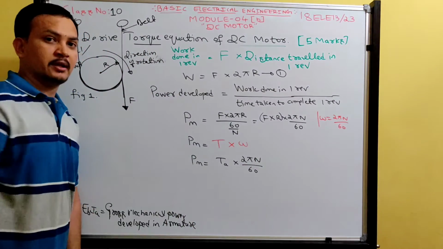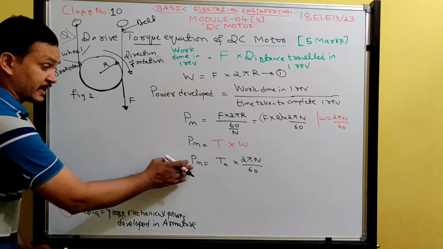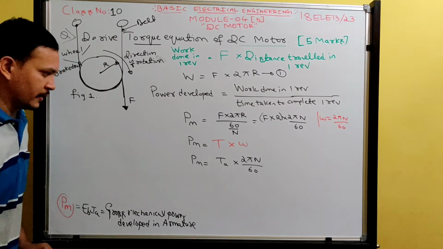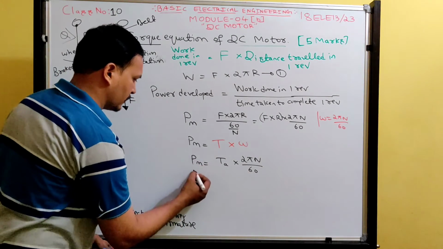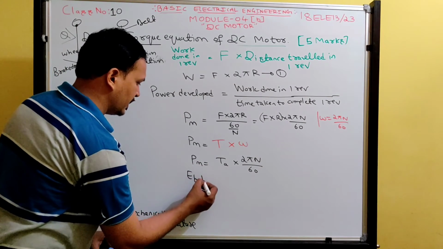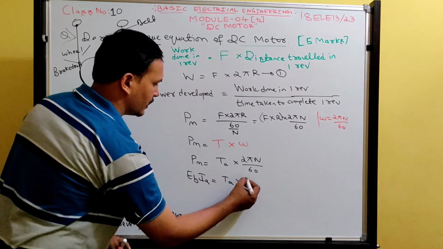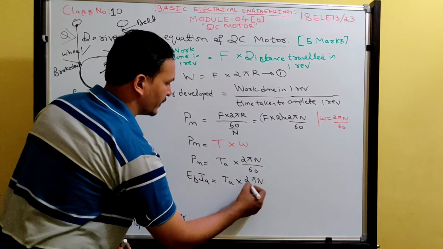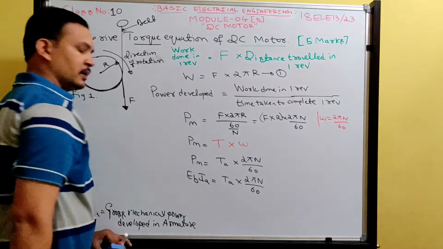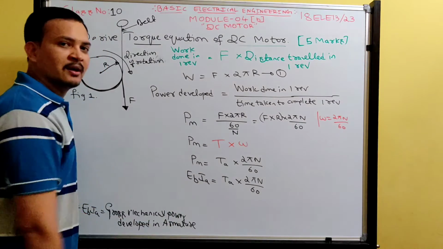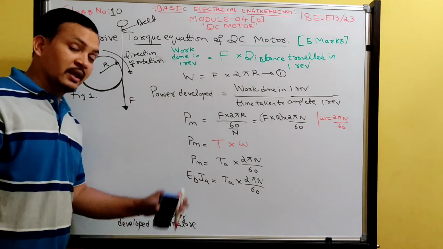What is the gross mechanical power developed? It is given by EB into IA. So the gross mechanical power developed is EB into IA, equal to TA into 2 pi n by 60. The rest is simplification. What is back EMF? What should we write for EB?